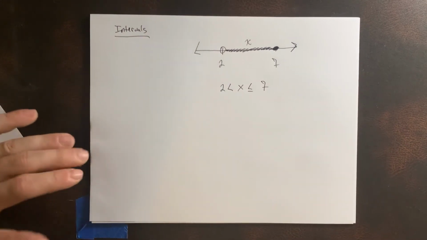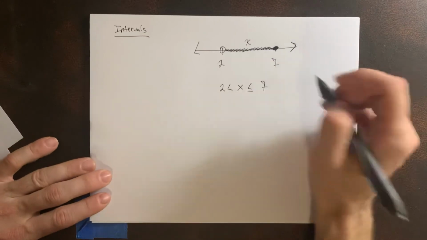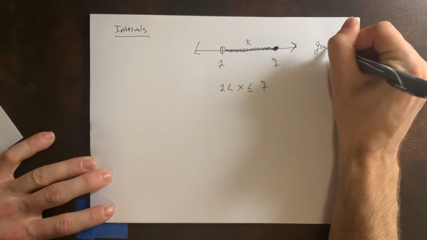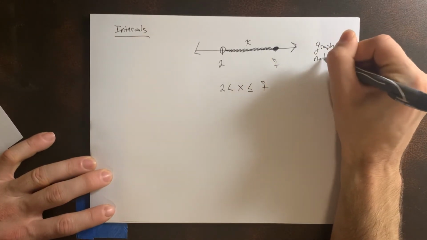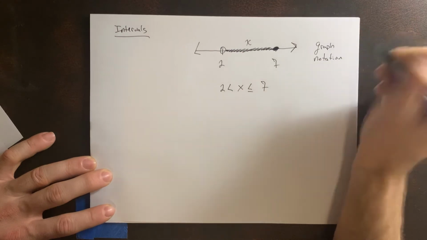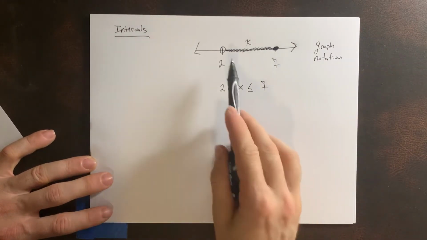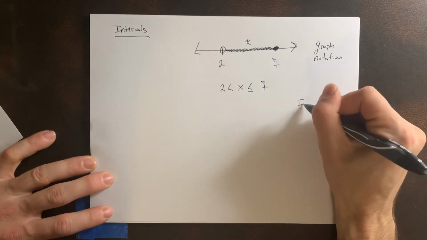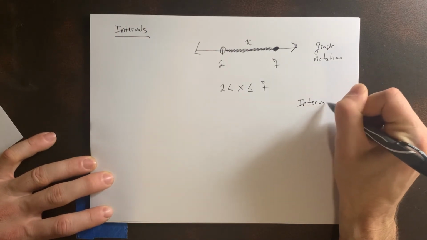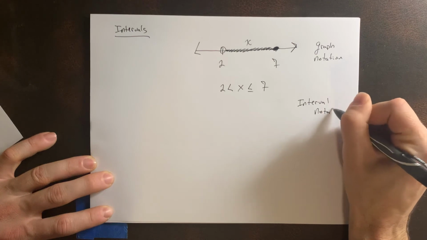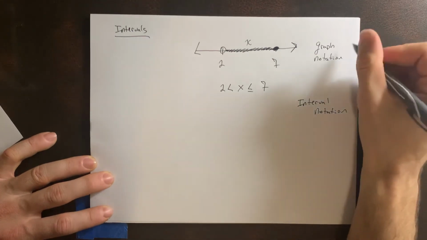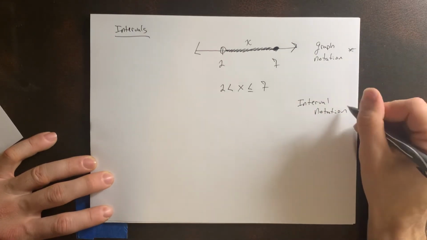So this notation up here is called graph notation. This you don't really need to worry about, but the other notation you would need to worry about is something called interval notation. So these are the two notations that you'll have to know: graph notation and interval notation.